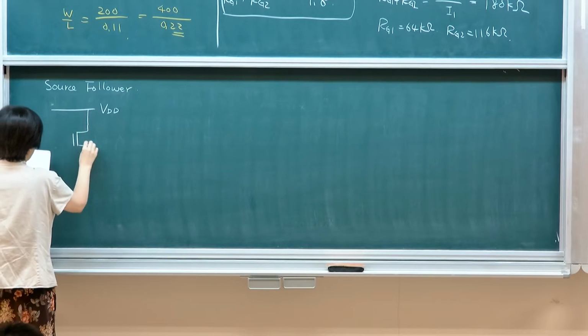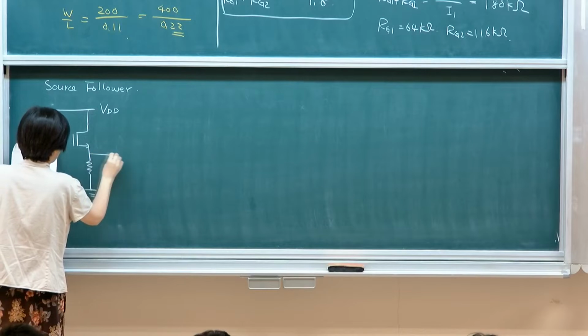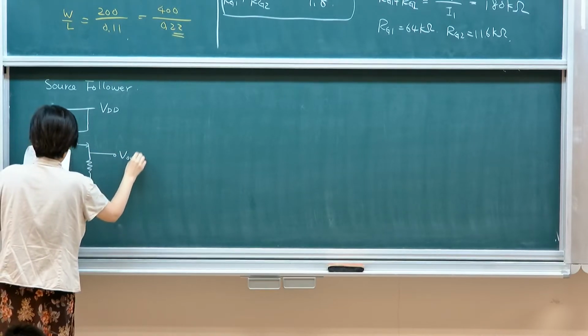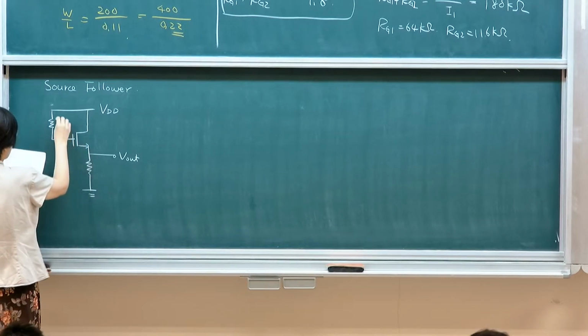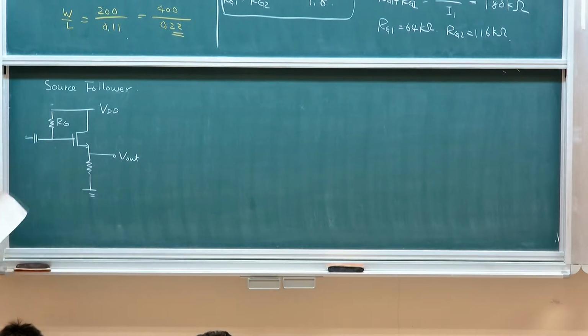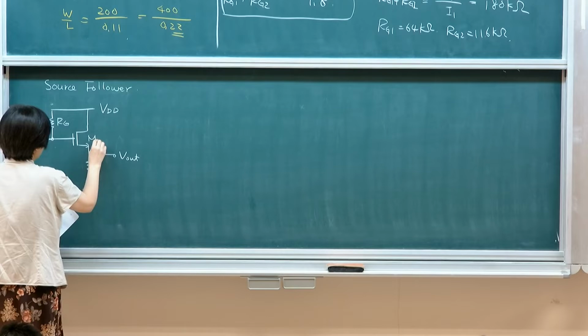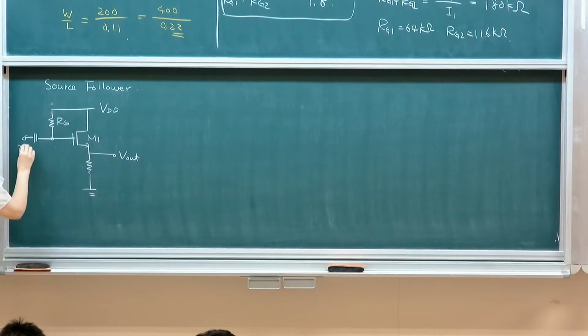And then I could bias this circuit this way. I'm using a sort of self-biasing scheme to set the biasing voltage. Okay? So this is M1, with input coming in here, and output going out at the source terminal.